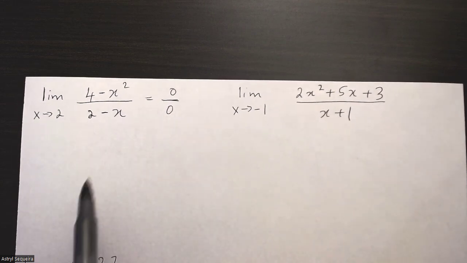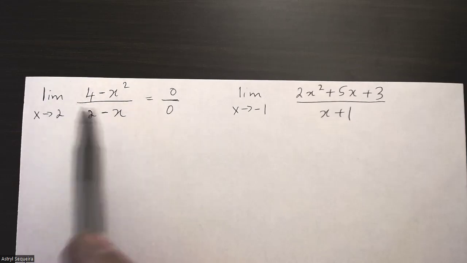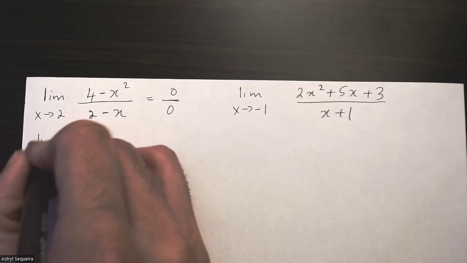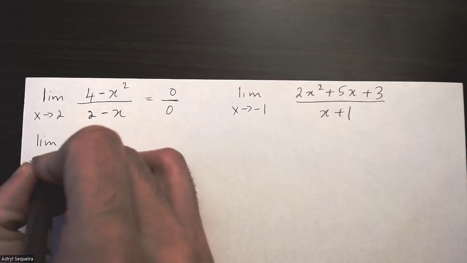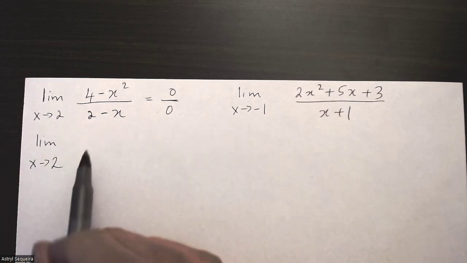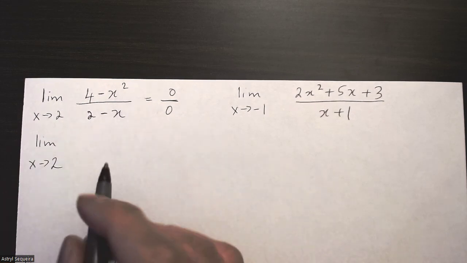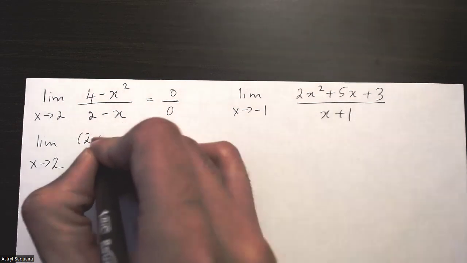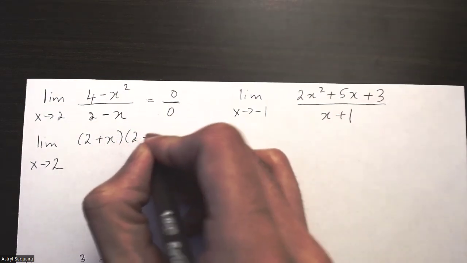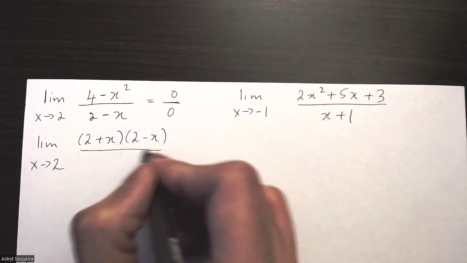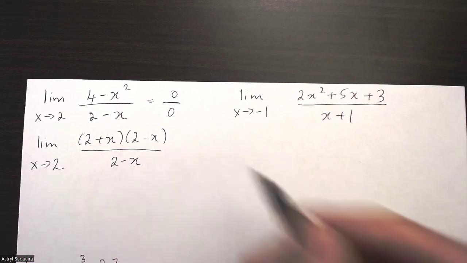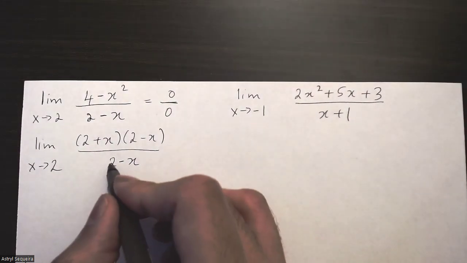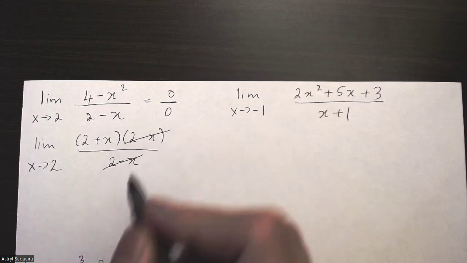So if I want to simplify this, you can tell that you can factor the top by difference of squares. So you just need to know your factoring methods really well for this one. If I do difference of squares, that's 2 plus x times 2 minus x divided by 2 minus x. Then I can cancel out these.